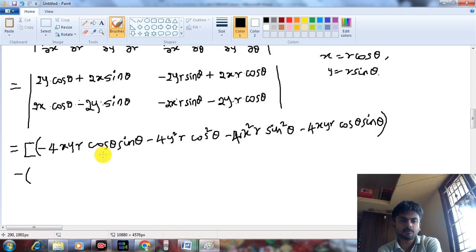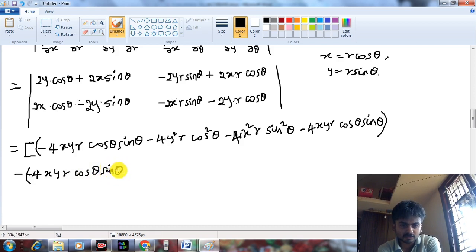So we'll get 2 into 2, 4, so that is minus 4xy r cos theta sin theta.